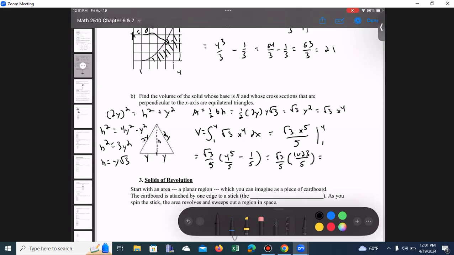Okay, so this is going to be square root of 3 times, see if I divide this by 5 twice, 4092, which is about 70.88.